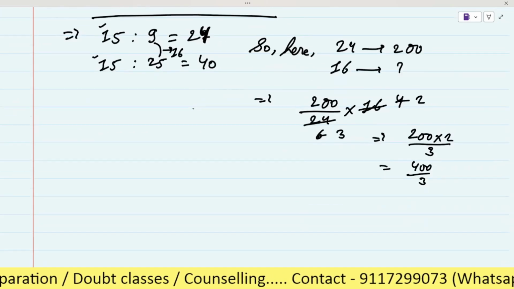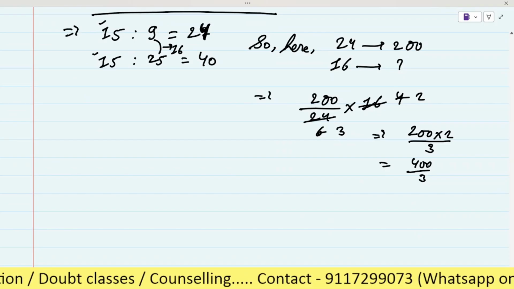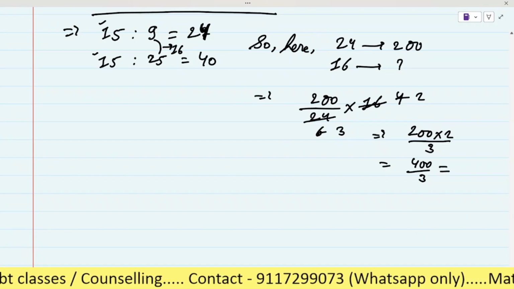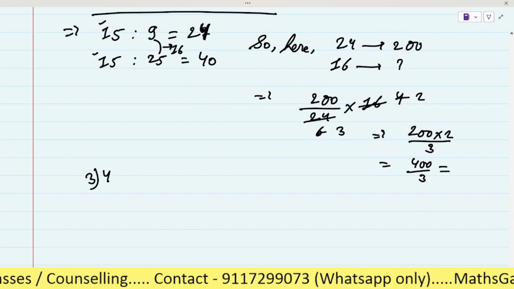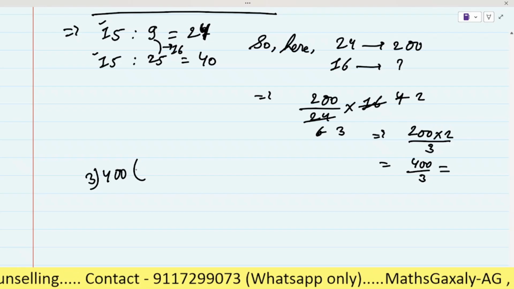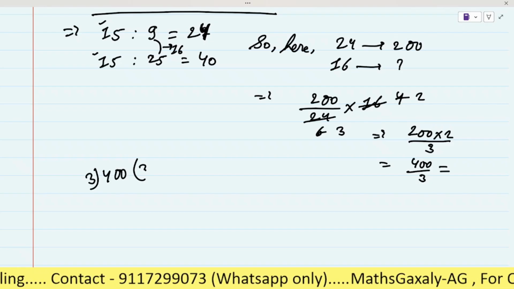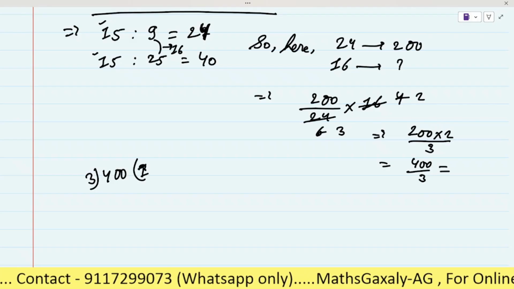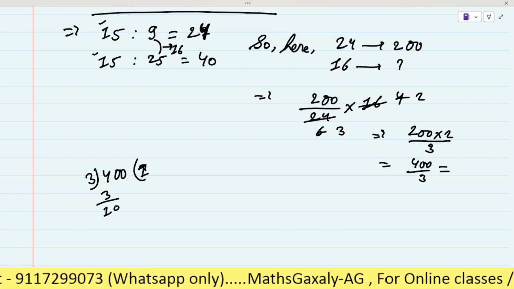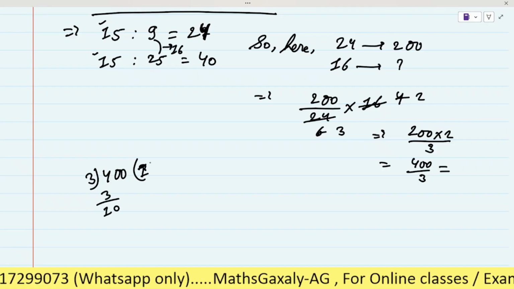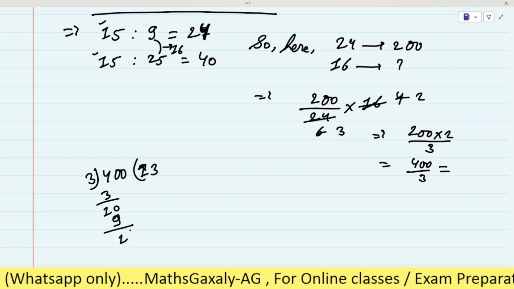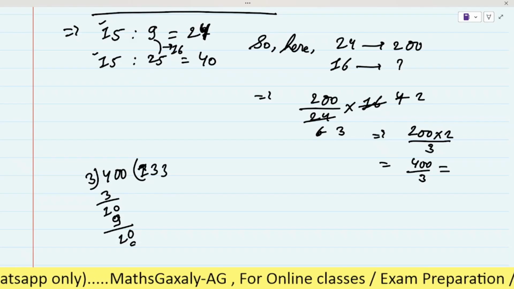If this fraction is given in the option, then you will go with it. Otherwise you have to divide it. When you divide it, if a mixed fraction has been given in the option, then you have to change it into a mixed fraction. So 3 into 1 is 3, remainder 1, 0, 3 times 3 is 9, then 1 again, 0, and 3 times 3 is 9.